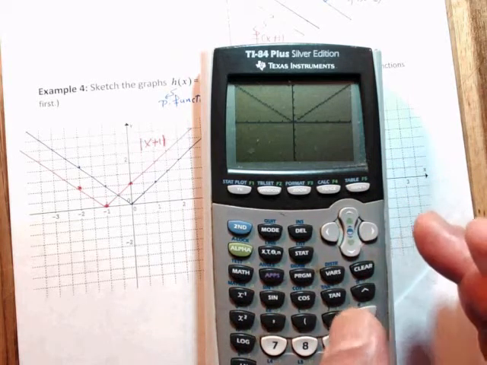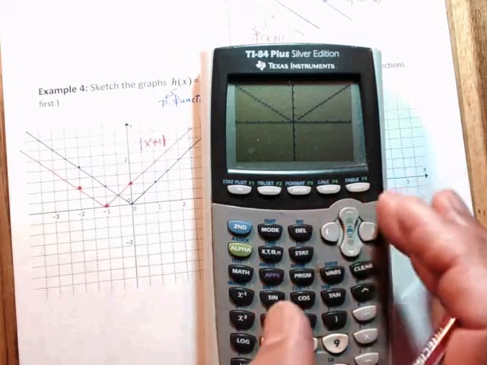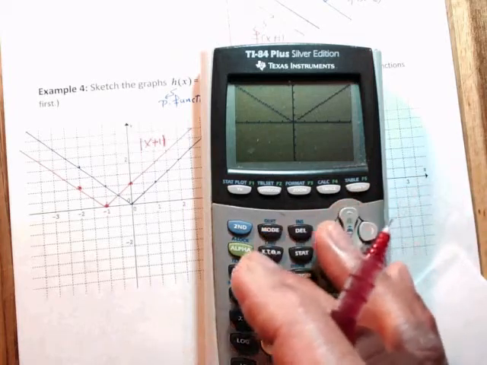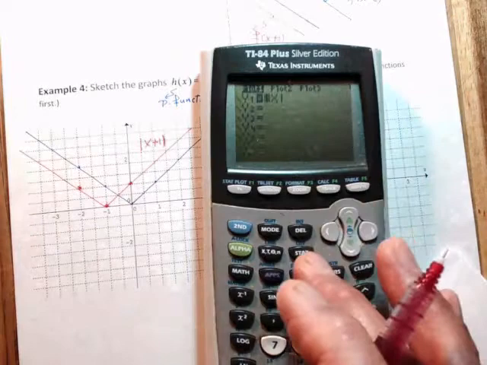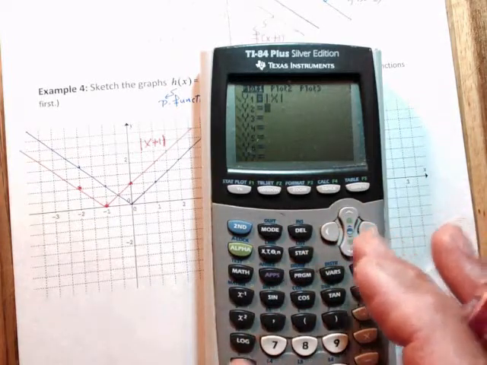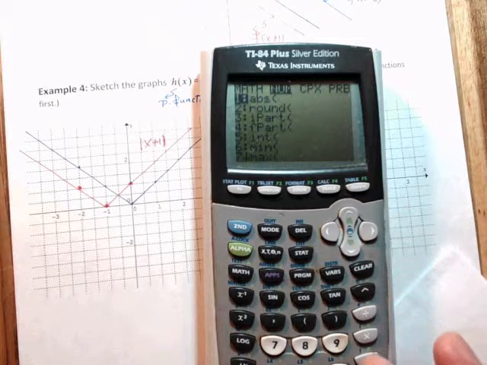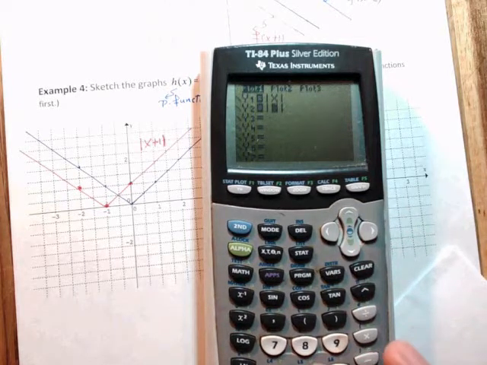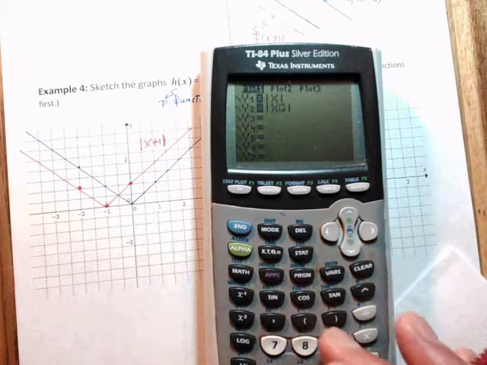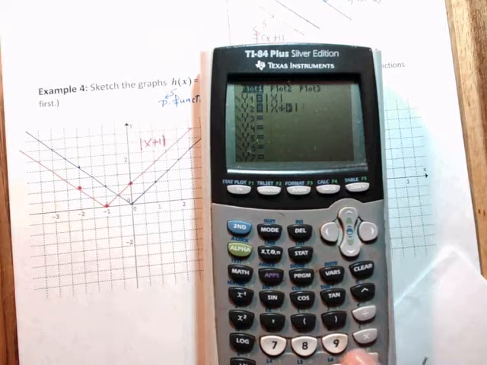Oops, I graphed it, that's okay. Let me go back to y, math, number 1, absolute x plus 1.